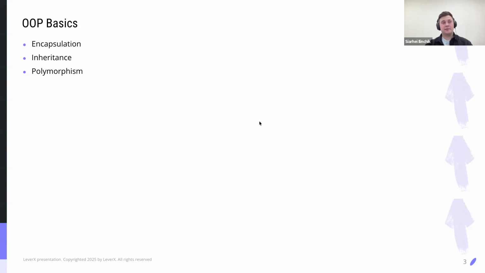The main idea of encapsulation is that you have the bundle of the data and the methods in one object, in one class. And you can face encapsulation in not fully OOP-supporting languages like C, for instance.